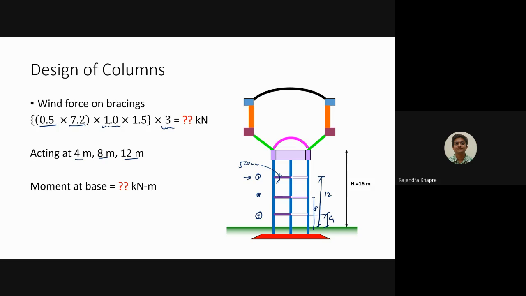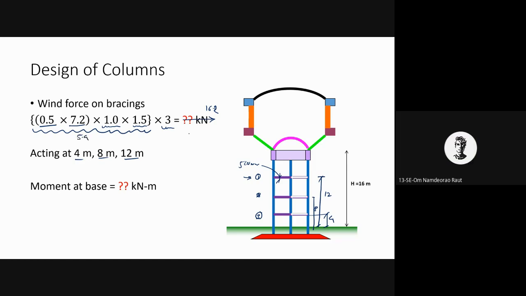This time we will go with 1, multiplied by the intensity 1.5. So how much is the total horizontal force? 16.2 kilonewton, sorry, 16.2. Can anybody give me the product of only this part? Sir, 5.4.